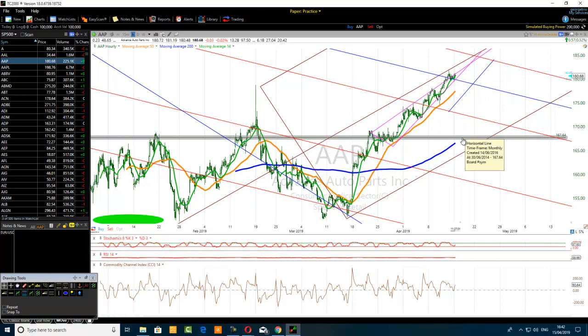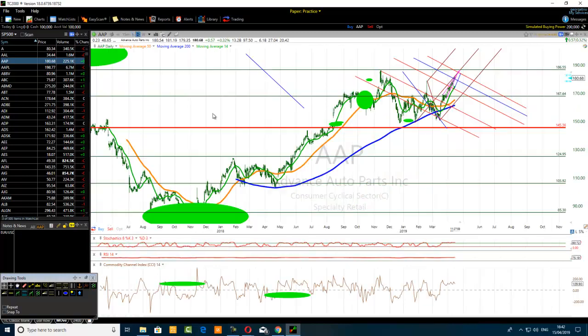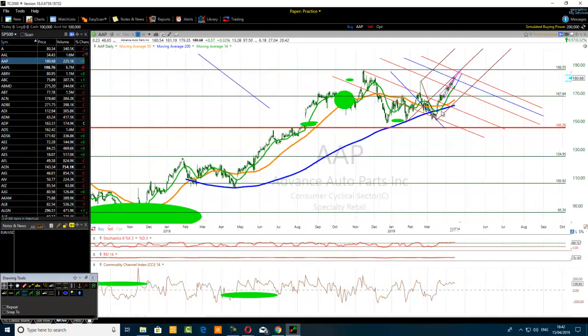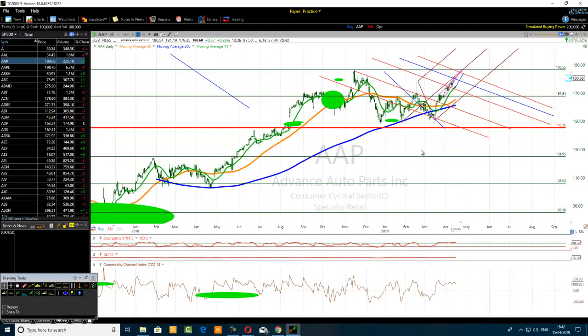All right, so this is it. So draw those channels, project those channels on the daily chart. Go to the hourly time frame, draw that very narrow triangle pattern. Look for a trading setup on the edge and implement a different time frame trading method.